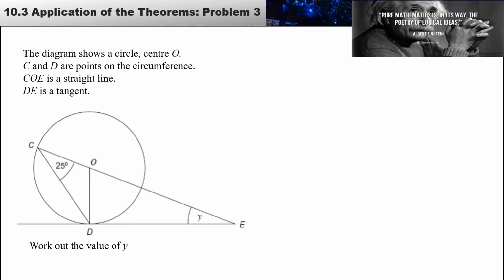Maybe there's somebody in this class that could work this out, but it's fairly complex, and I just want to show you step by step how to get there, because getting to the value of y is similar to working out a 5-move checkmate in chess, or a long journey where there are several turns and twists you have to make before you get to the actual destination. And it's kind of like a maze, right?